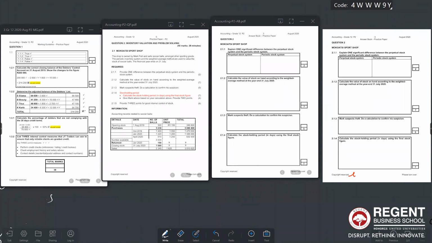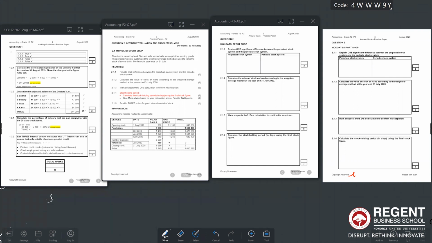Inventory valuation, stock valuation. Now, under stock valuation, there are three methods. Let's just recap quickly. You've got the first in, first out method: what stock comes first, I sell that first. Second, weighted average.